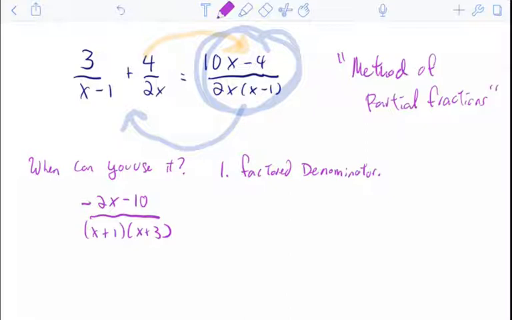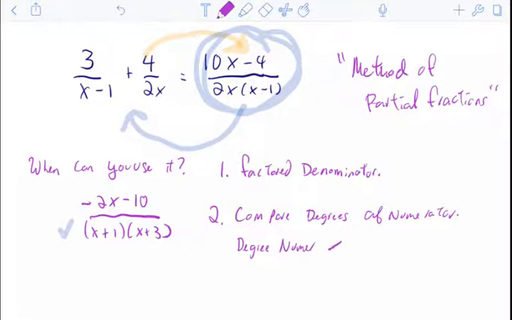Okay, so check. And two, we need to compare the degrees of the numerator and denominator. You need the degree of the numerator to be smaller than the degree of the denominator.